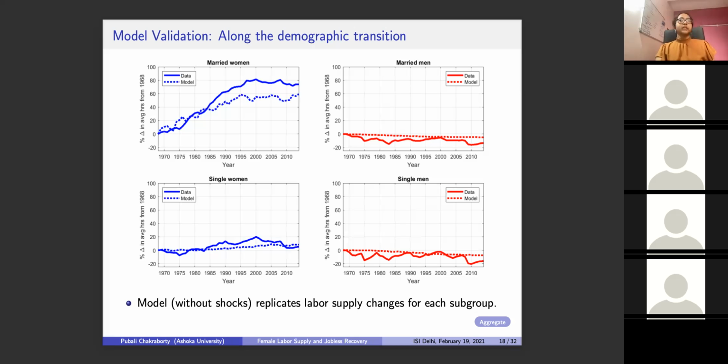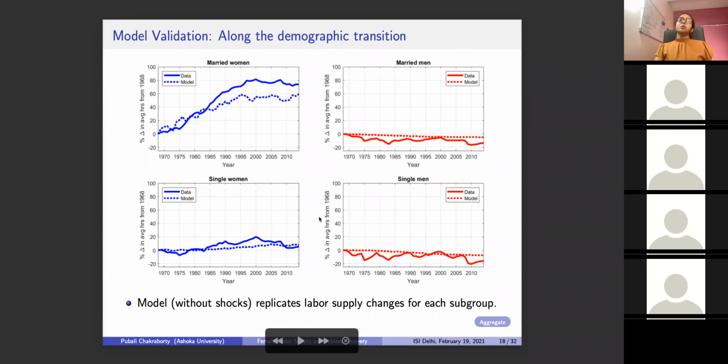These are two things that I do not have in my model. So perhaps those would have explained the difference between what my model predicts and what the data shows. And note that at this point, I have not introduced any shocks in my model. The points where the model deviates from the data are essentially periods leading up to recessions or during recessionary episodes.